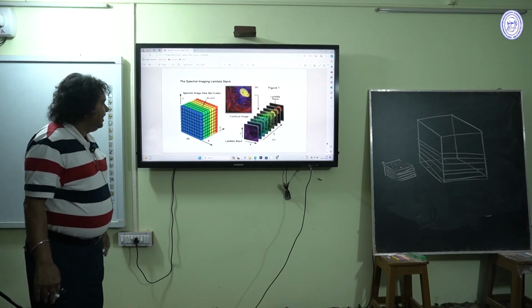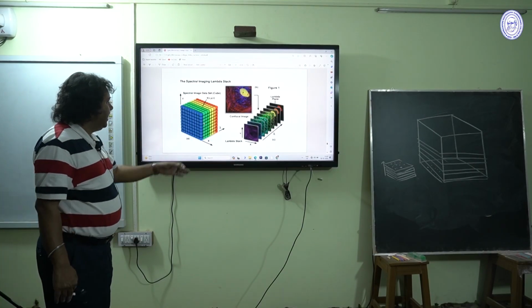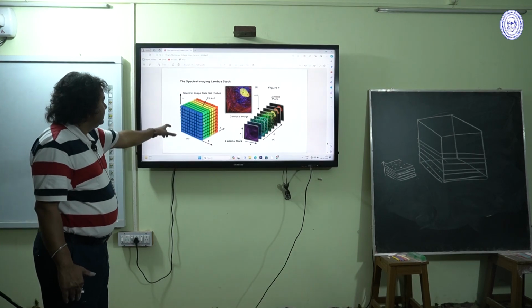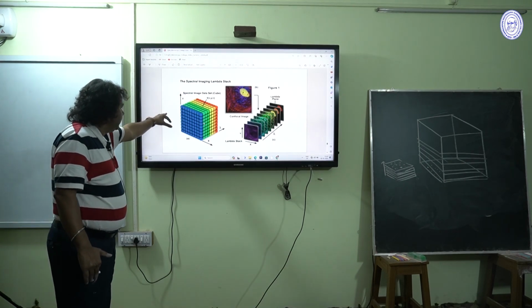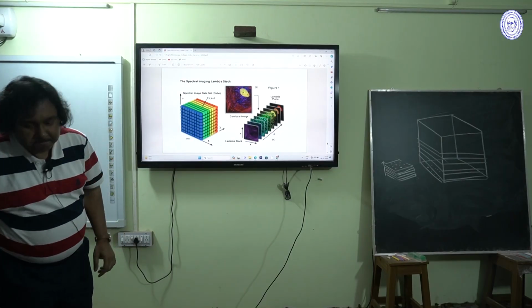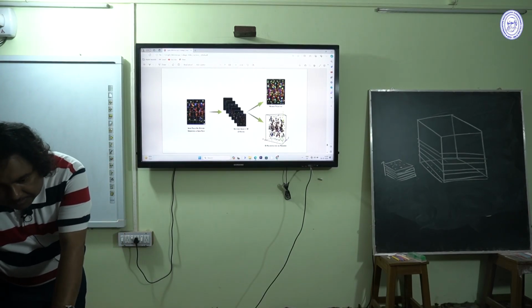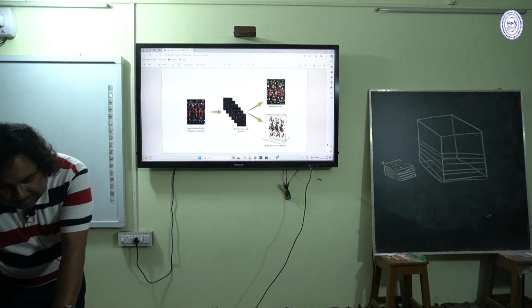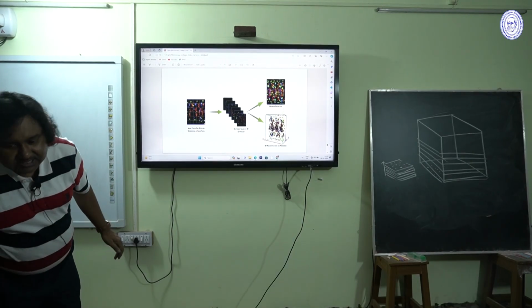This is lambda stack, XY direction, and this is the block, how X, Y, and lambda is shown here. This is the sectioned images in 3D, that is Z stacked image.